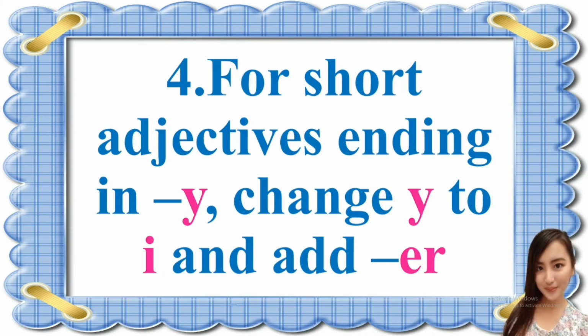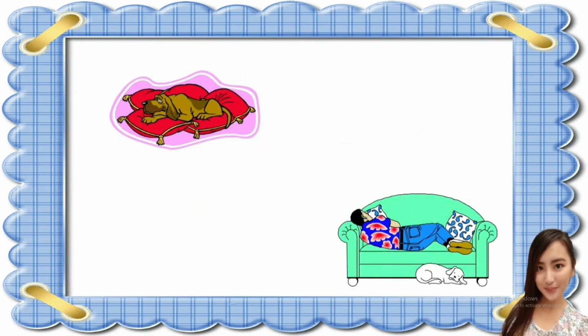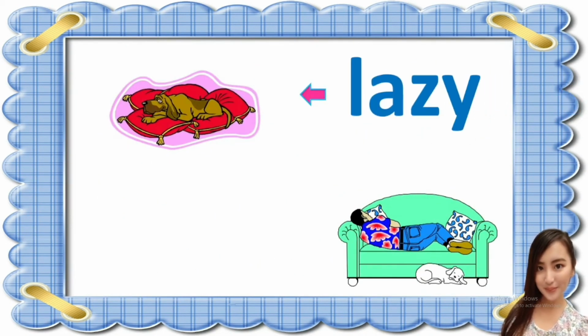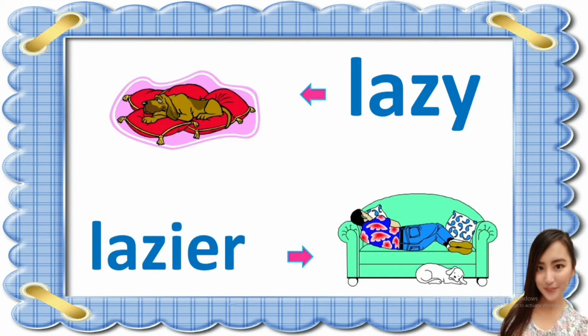Next, for short adjectives ending in Y, change Y to I and add ER. For example, lazy. The comparative form is lazier. Lazy, lazier.